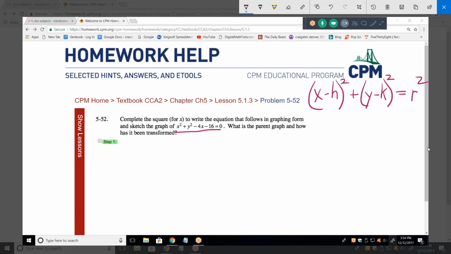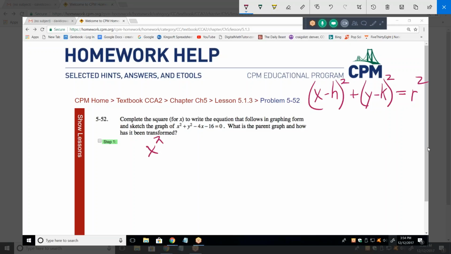Now, in order to make it look like this, we've got to turn your x terms into an x minus h squared. And you do that by completing the square. And the first step in completing the square is to get your x terms together.